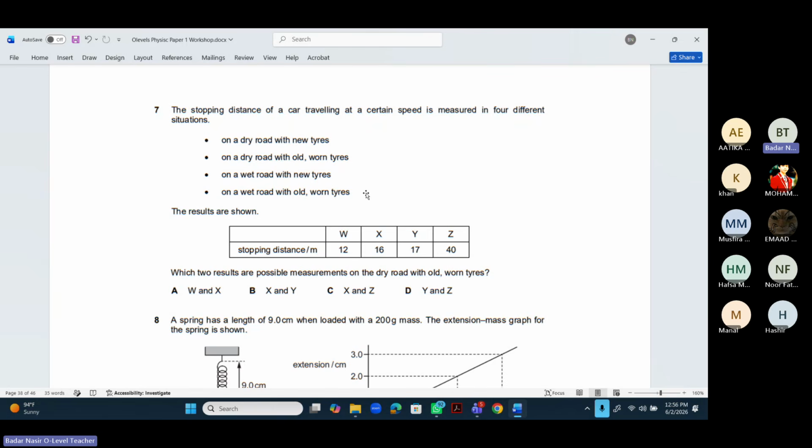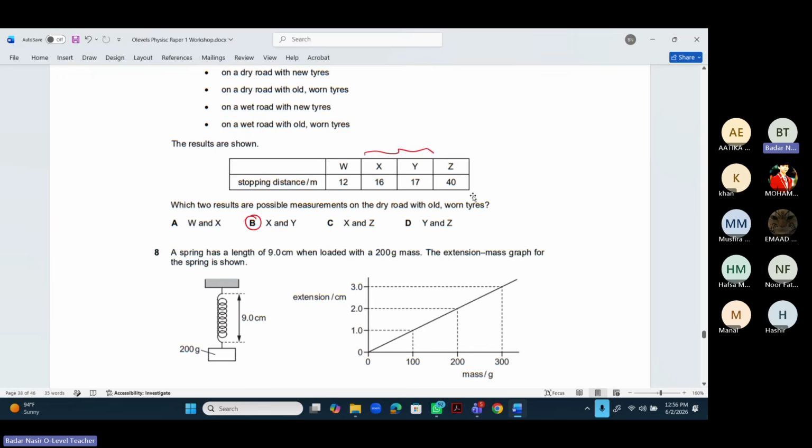So अगर तो wet road होता और old worn tires होता तो फिर तो 40 होता. ठीक है. और अगर wet road होता स्टिल तब भी वैल्यू मतलब बहुत ज्यादा होती. ठीक है. तो उसने कहा है which two results are possible measurements on dry road with old worn टायर्स. तो ओल्ड टायर्स का मतलब है कि उसकी इतनी बहुत अच्छी नहीं है वो. तो दरमियान में कोई वैल्यू होनी चाहिए X and Y. So B is the answer for this.